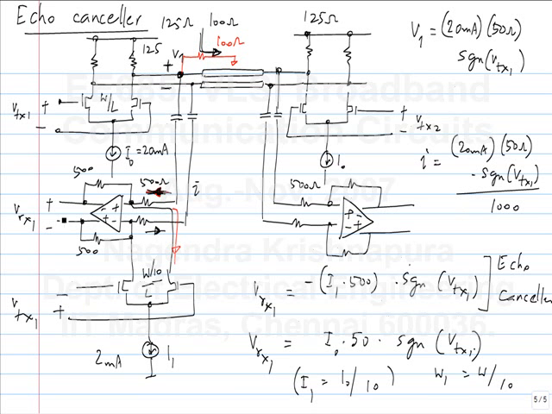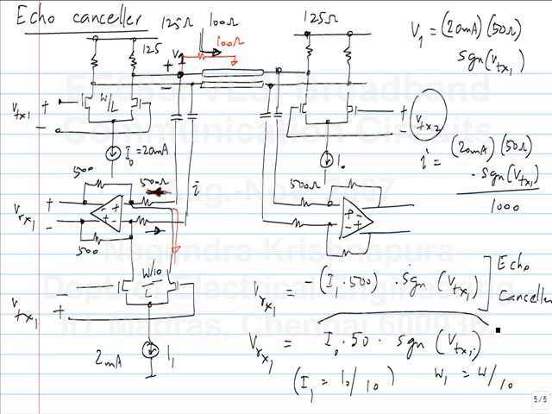Now, what is the receive voltage amplitude once the echo cancel is working and I have VTX2 applied to the second transmitter? See, it's a symmetrical situation and this transmission line is as though it is not there, right? So VRX1 because of VTX1 without the echo canceller was this much.